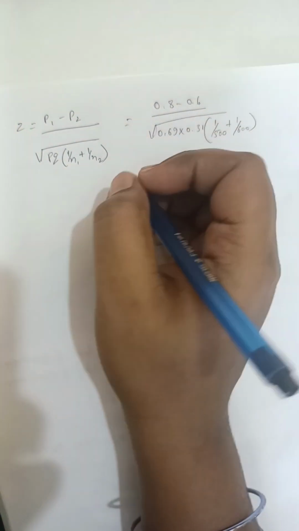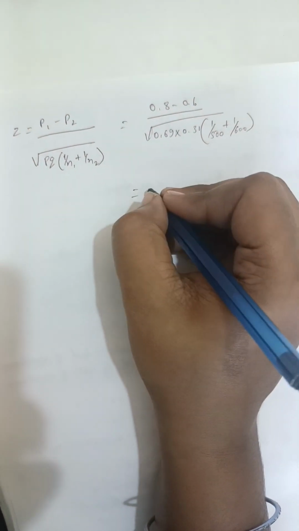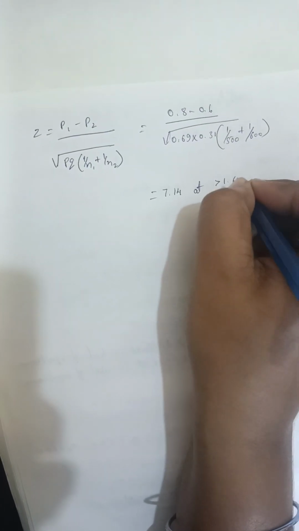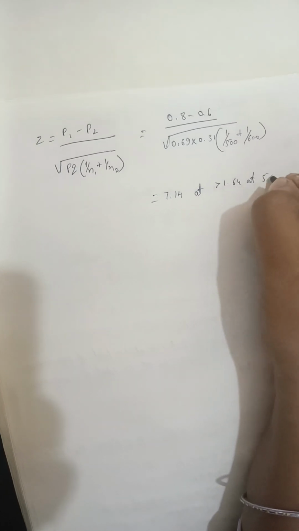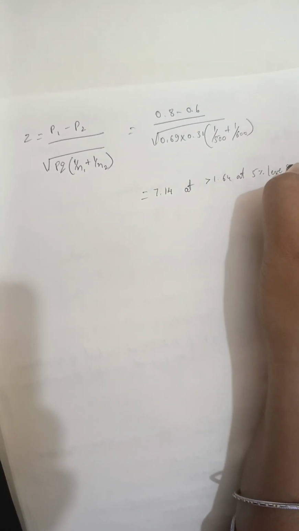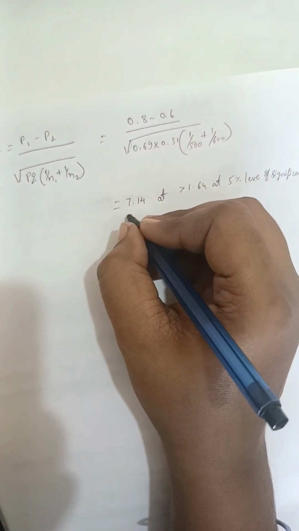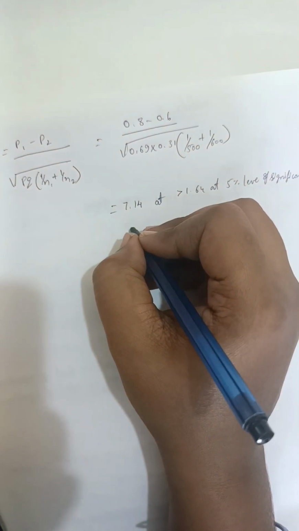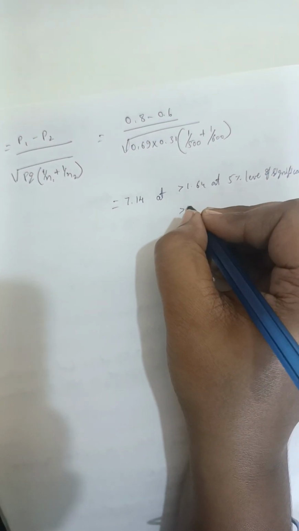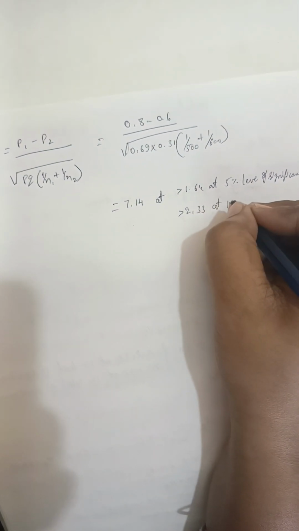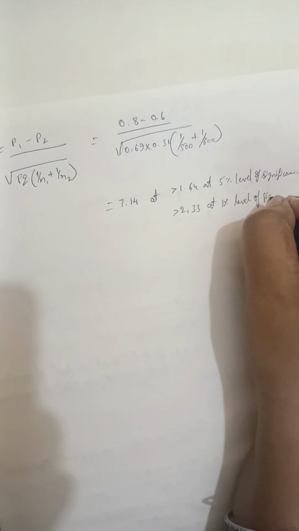On calculating, we get 7.14, which is greater than 1.64 at 5% level of significance, and greater than 2.33 at 1% level of significance.